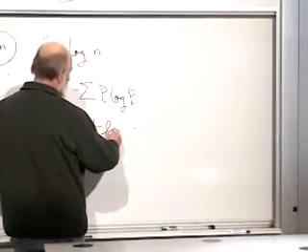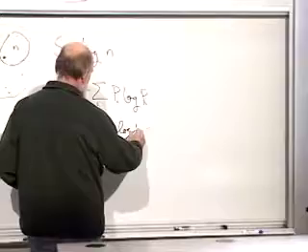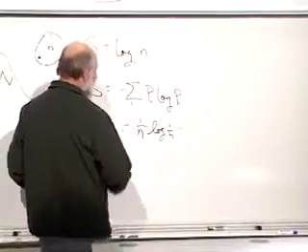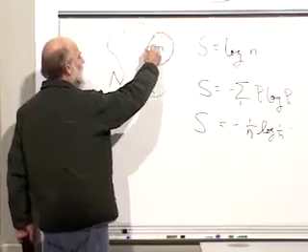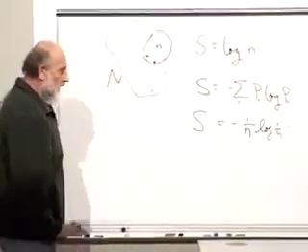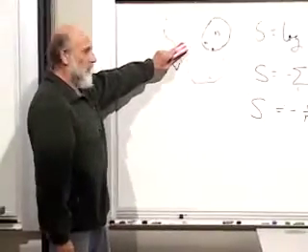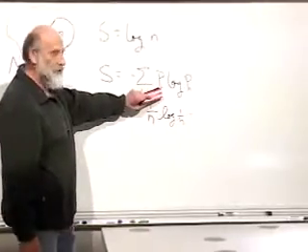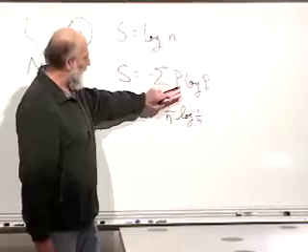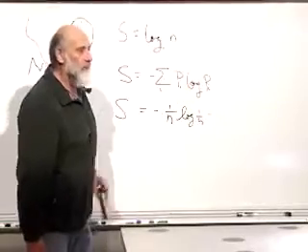Logarithm of 1 over n. There's a minus sign. And that's the contribution for any one of the states in here, to any one of them. What about the states on the outside? The states on the outside give 0 because their probabilities are 0. 0 times logarithm of 0 is 0.